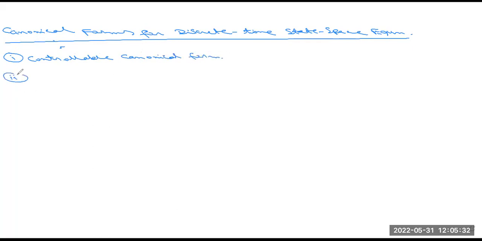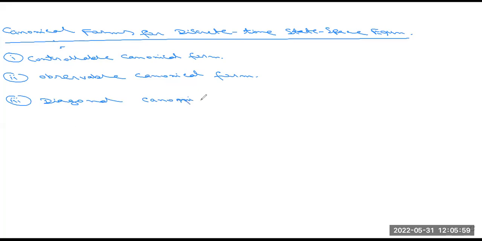Number 2 is the observable canonical form. Number 3 is the diagonal canonical form.